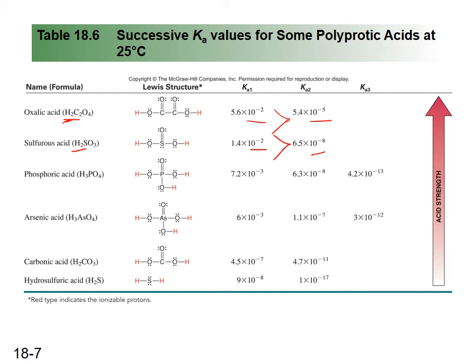Phosphoric acid, we already saw in the last slide. Arsenic acid, 3 hydrogens, Ka1 much greater than Ka2, which is much greater than Ka3. Carbonic acid and hydrosulfuric acid both have 2 hydrogens, Ka1 greater than Ka2.